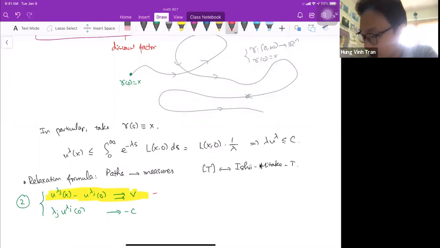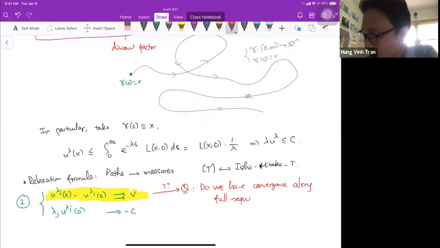So the real question, an interesting question, is: do we have convergence along the full sequence? Like, do I have u^λ(x) minus u^λ(0) converging uniformly to v?